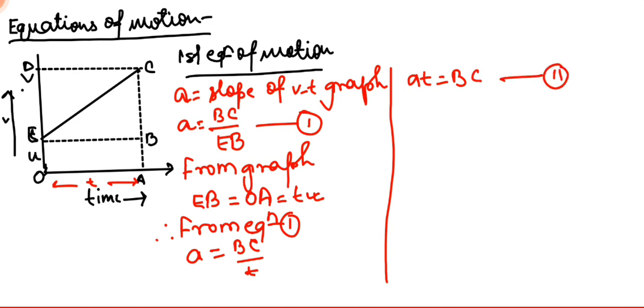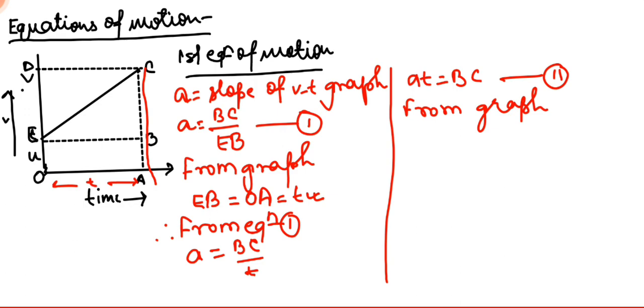Now students, from the graph again we can see that this BC is equal to AC minus AB. Let me show it to you first. This is A to C, and minus AB, then we will get B to C. So this is how we will have to show it.